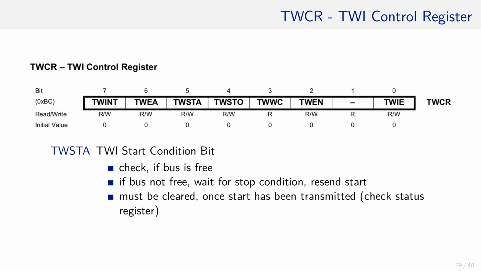If TWSTA is set, the I2C unit checks if the bus is free, and if so, sends the start condition to claim the bus. If the bus is not free, it waits till it recognizes the stop condition. Once the status register informs that the start condition has been transmitted, the TWSTA bit needs to be cleared.